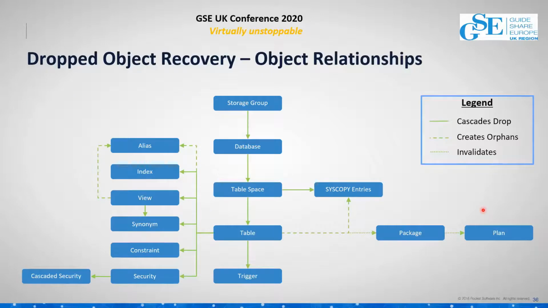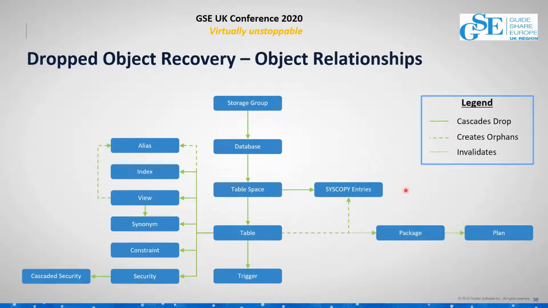So in order to figure out what is removed, just to show the object relationships here, when you drop a storage group, that's probably one of the worst things you can do. Then essentially everything disappears. If you drop the database, you have a cascading drop to the table space and all the other objects that have solid green lines here.